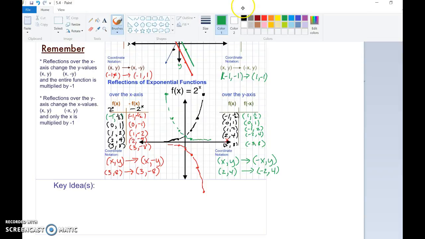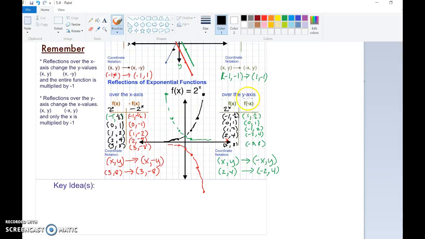And the last thing we want to do is write our equations. We started with f of x, which was 2 to the x power. And this is the part that changes here. The only thing that's really changing is the value of the x. So we write it as f of negative x.